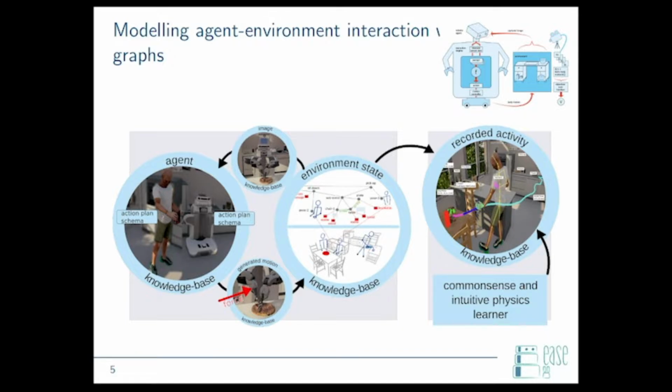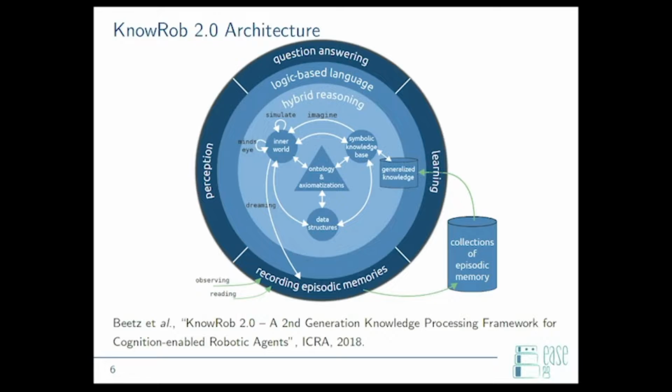The environment is also represented as a knowledge base that encapsulates a virtual reality environment as a logic knowledge base, but also the images and the motions generated by the agents are wrapped as logical knowledge bases. Finally, we record every change in the virtual reality environment and translate it into a symbolic representation of the activity that has taken place in the virtual reality environment.